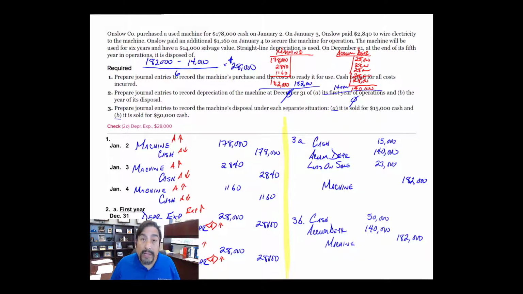And I kind of went through that quickly. I just copied from 3A. We always have to get rid of the machine. That's the credit for 182. We always have to get rid of the associated accumulated depreciation. That's the debit for 140.